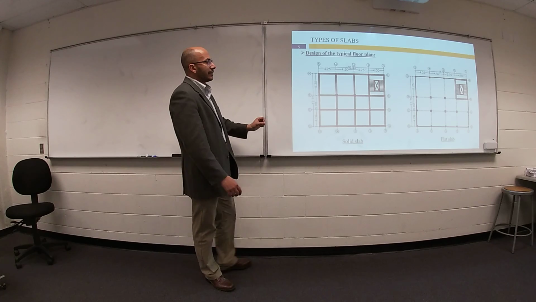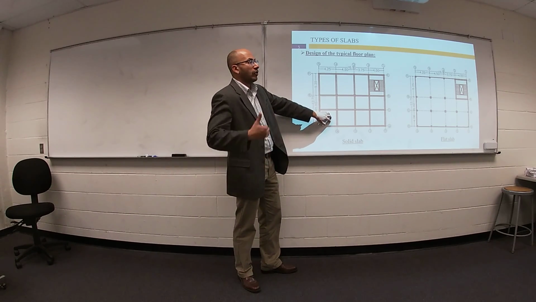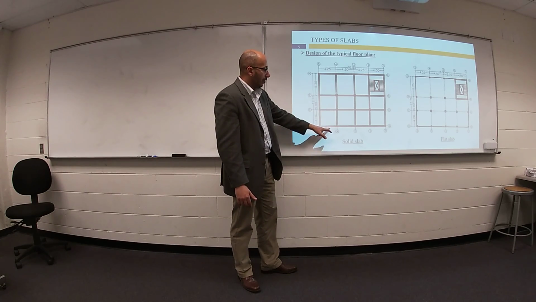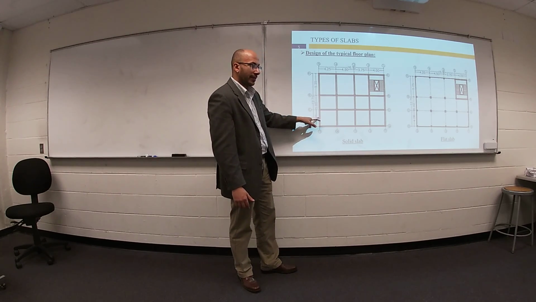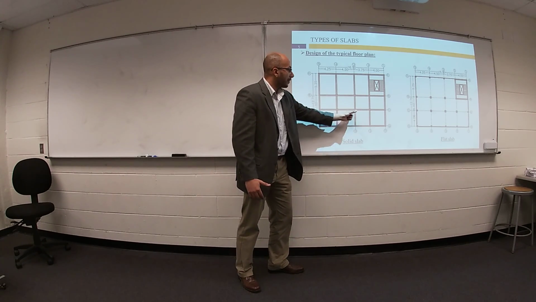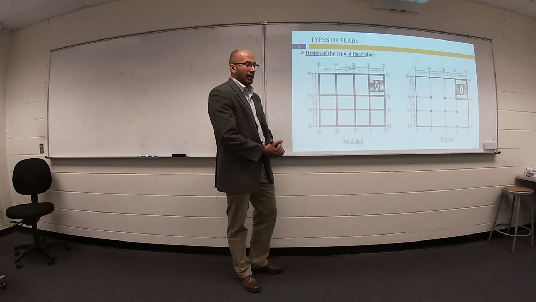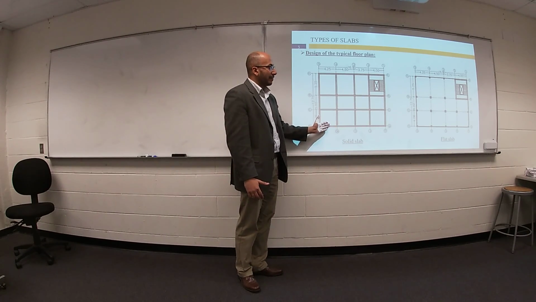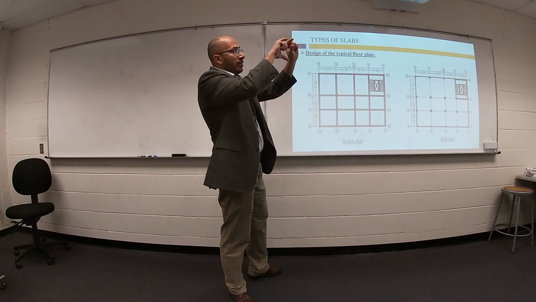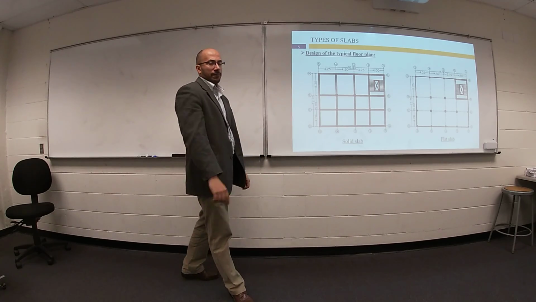Solid slab means your slab itself is supported by beams from each side of your panel, and each beam is supported by columns. So the structural system for solid slab: your slab is supported by beams and your beams are supported by columns.